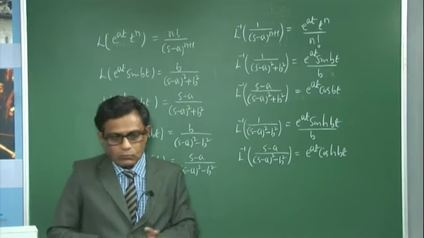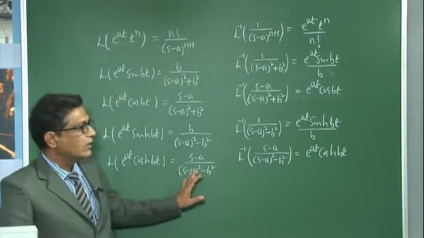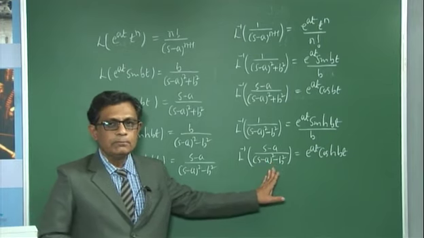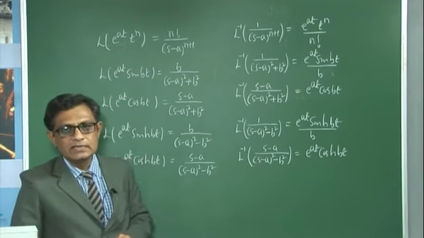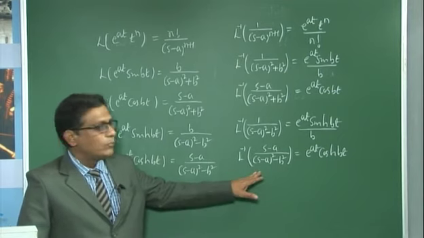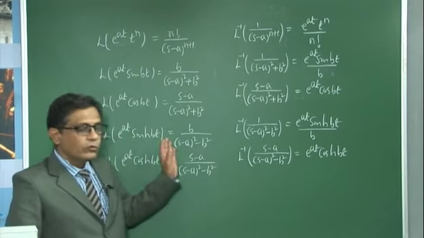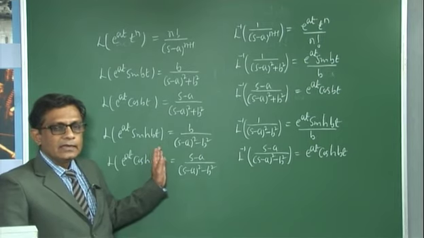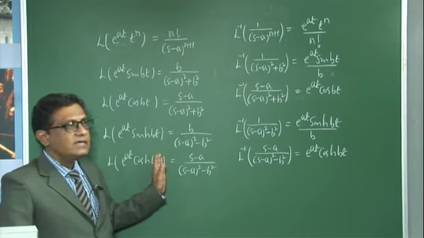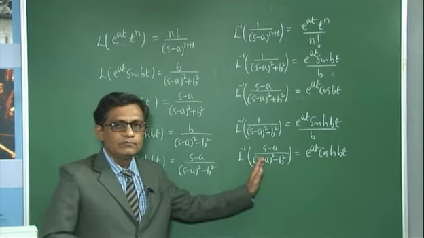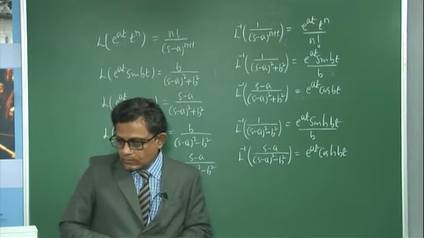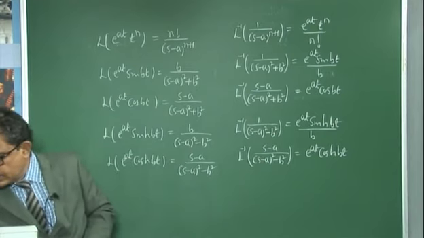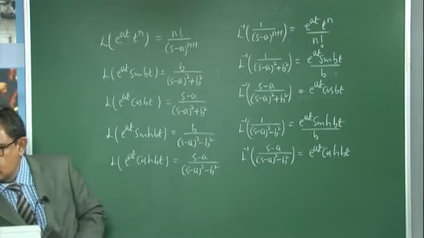Here, the only important thing is you have to remember the basic formulas. Memorization of the formula is very important, and if you know the Laplace transform formulas, we can easily write the inverse Laplace transform formulas. Now, we will do the example.